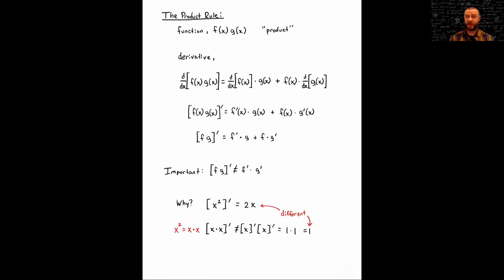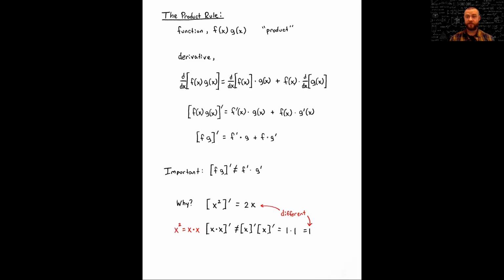Now, if we differentiate x squared that way, thinking of x squared as x times x, let's suppose we try that incorrect statement of the product rule. If you differentiate each factor, differentiate x, and multiply that by the derivative of the other x, the derivative of x just by itself, x to the first power, is just 1.